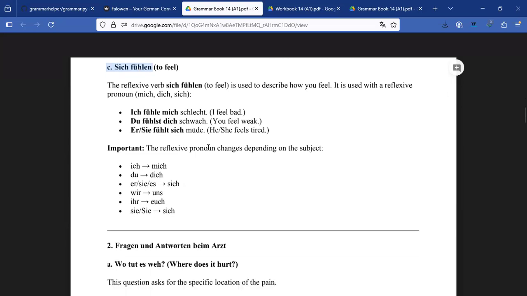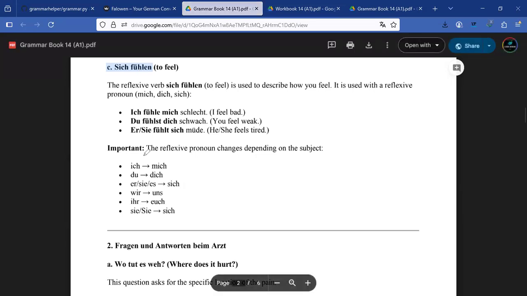And they have it for accusative and they have it for dative. And that's where the "mich" and the "dich" and the "mir" and so on will come in, which we are going to learn more about later. But if it's accusative and you want to say myself, then it's going to be "mich." Yourself is going to be "dich."